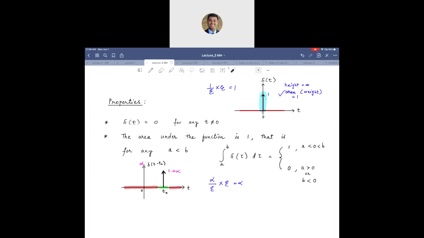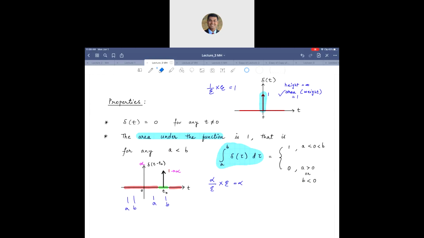Now to write it formally, we are trying to find the area under the function. So we express that as this: the area under delta of t when you are integrating between a and b, as long as a is less than b. If a is less than b, you could have a and b over here, or you could have a and b over here, anywhere.